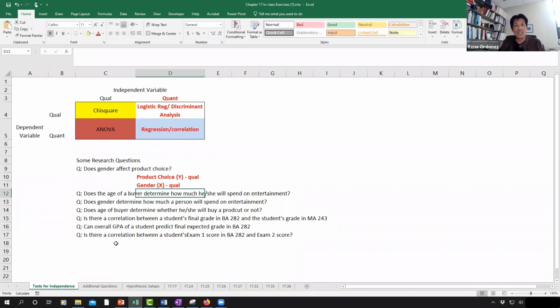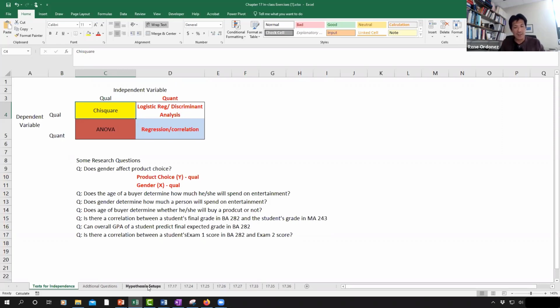Because the product choice, which is the dependent variable, is qualitative, and the independent variable, gender, is qualitative, the appropriate test is what is known as the chi-square test of independence.